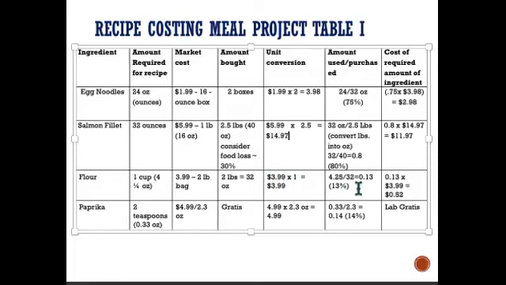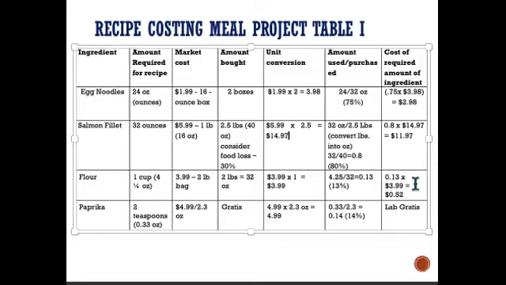But out of those 32 ounces, I only need 4.25, because 4 ounces and a quarter is equal to 4.25 ounces. And so I'm going to divide that into the 32 ounces of flour that I obtained, and that is equal to 13%.